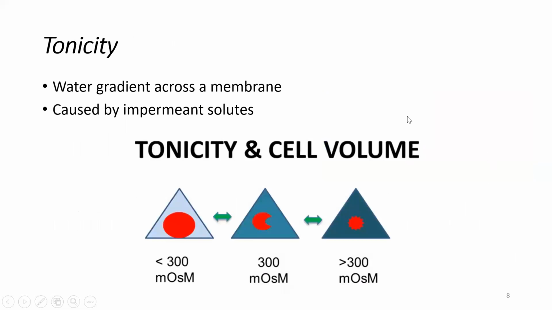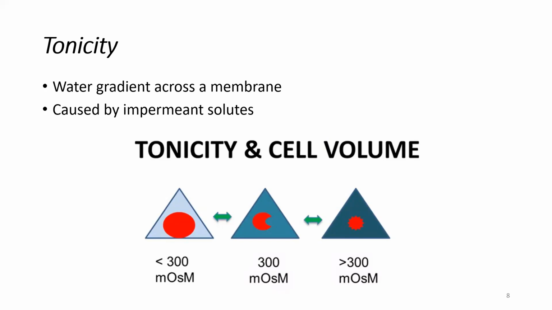Now this brings us to speak about tonicity. So tonicity differs from osmolarity because it is really only taking into account the impermeant solutes in the solution. And what that means is that while tonicity is also a similar gradient, it only looks at the solutes that cannot move across the membrane in question.